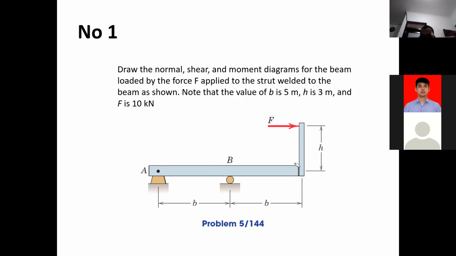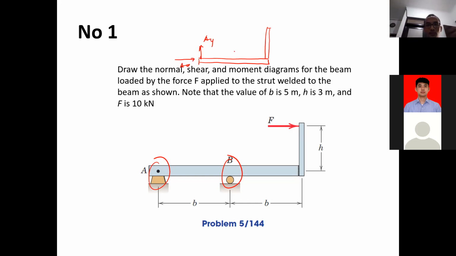In that case, the first thing that you're supposed to do is to solve for the reactions at A and B, using the whole free body diagram. At A there is supposed to be Ay, Ax.